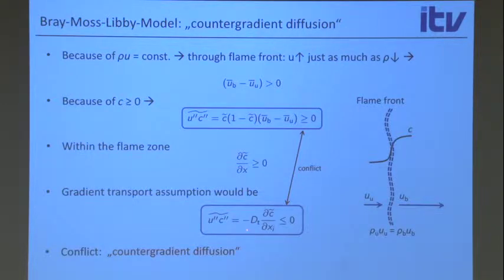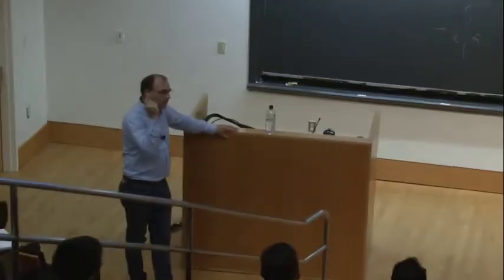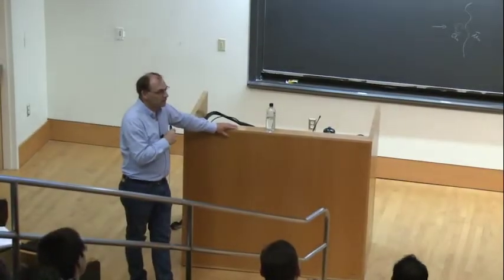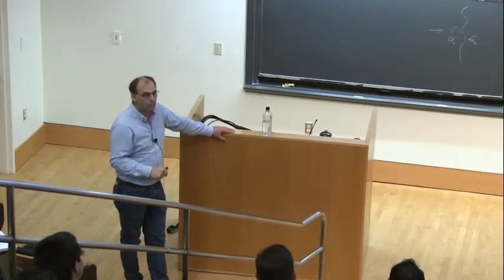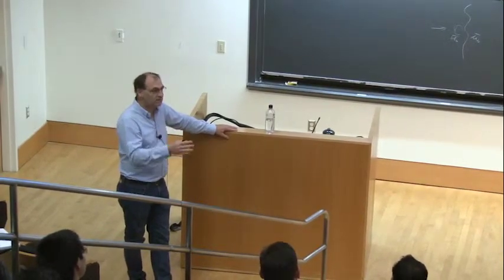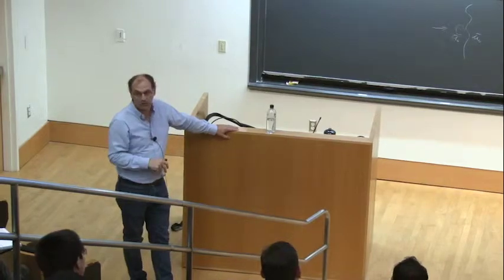So this here is always negative. It means the flux goes from the burned to the unburned. But this shows us the flux actually goes the other way. Isn't that interesting? Everyone and their brother use the gradient transport assumption, even for premixed combustion.